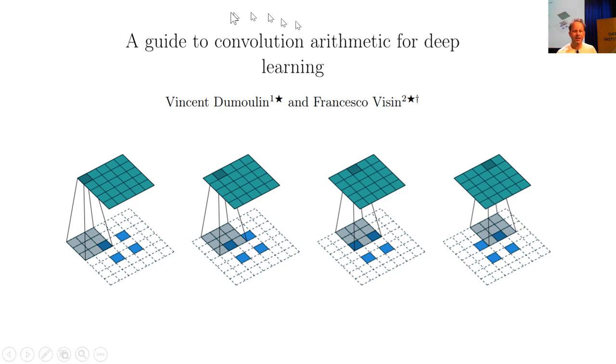There is a fantastic paper called A Guide to Convolution Arithmetic for Deep Learning that shows a great picture of exactly what a 3 by 3 kernel stride half conv looks like. And it's literally this. If you have a 2 by 2 input, the blue squares, you add not only 2 pixels of padding all around the outside, but you also add a pixel of padding between every pixel.